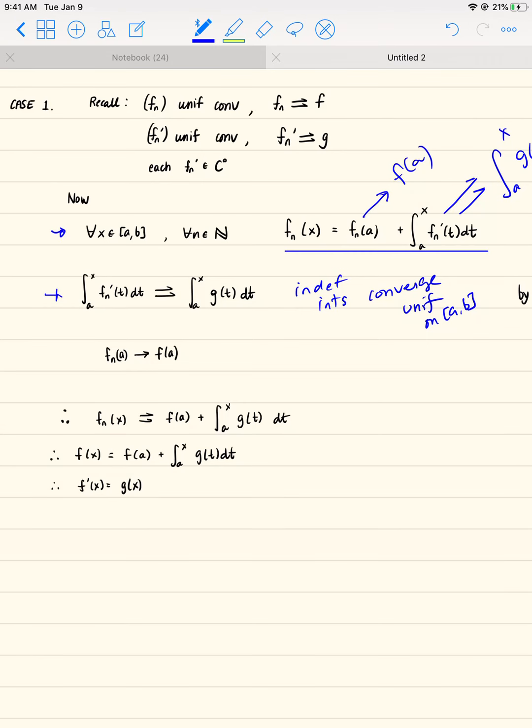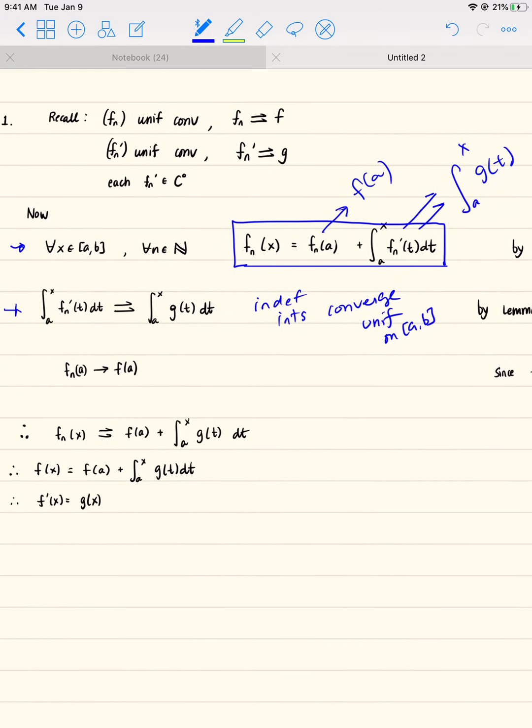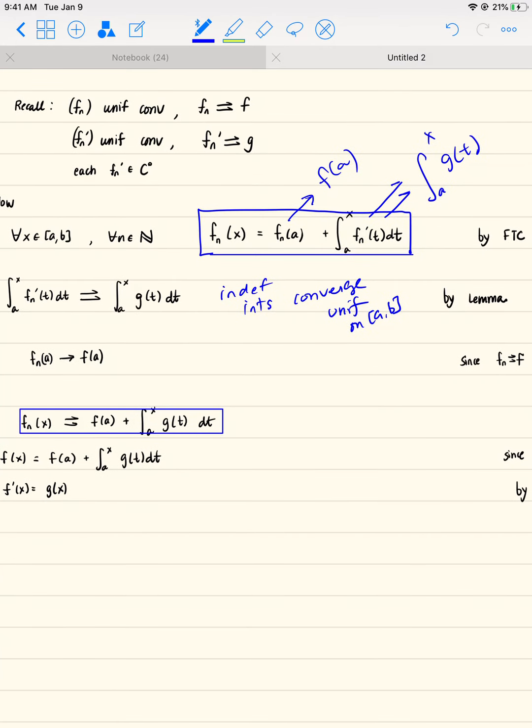Okay, now I put it all together, and I'm using this equation to conclude that the fn's are going to go uniformly to f of a plus the integral from a to b of g of t dt.